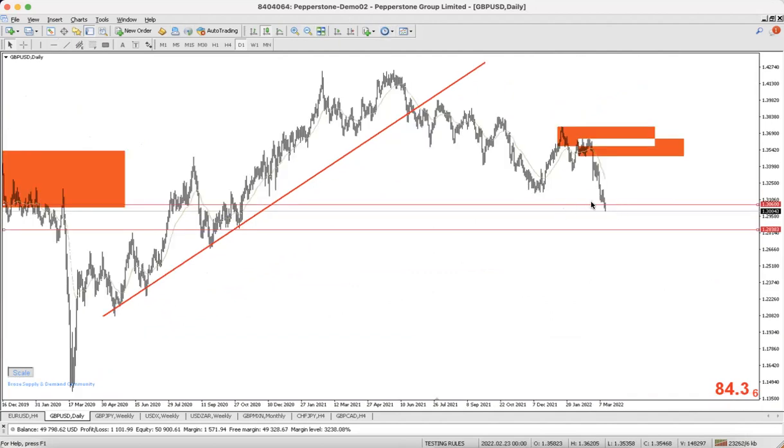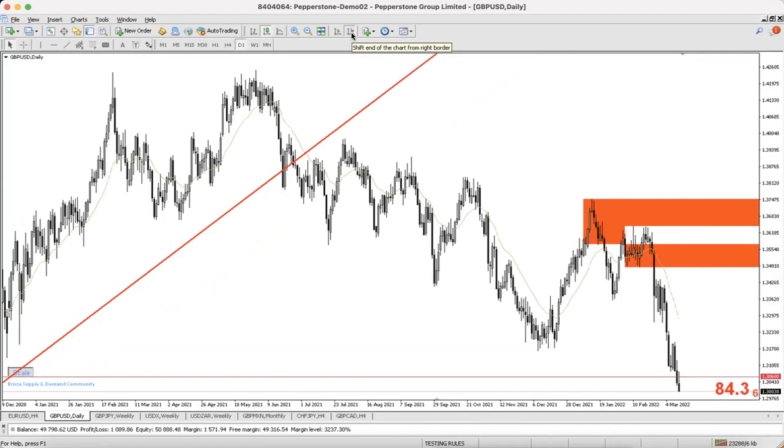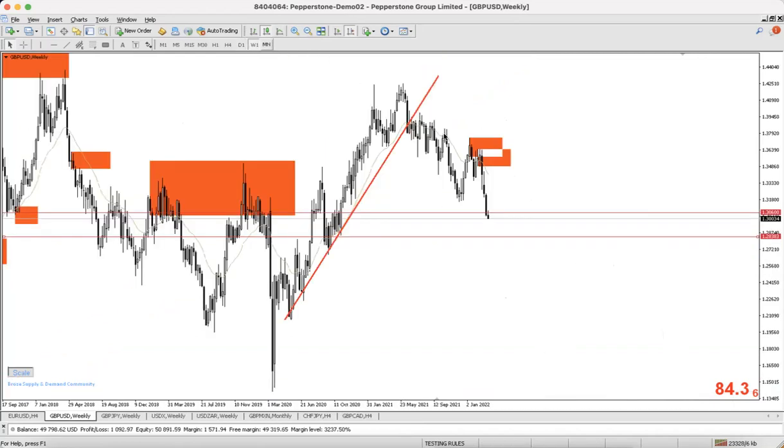So if you enter this trade, you have to use the minimum lot size you can take. Okay. So as you enter, your take profit now should be somewhere here.